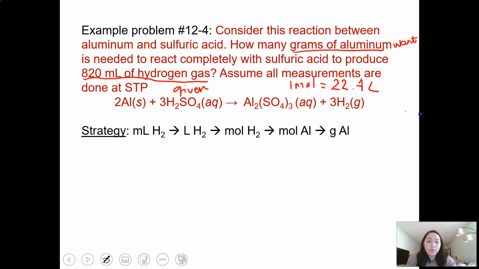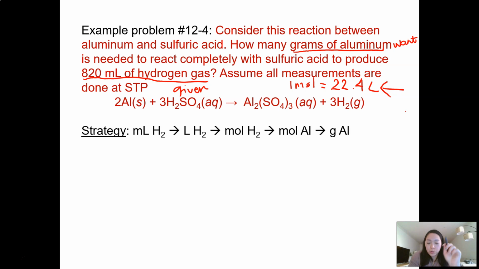Now, if you don't have your volume in liter, that could be a problem. Your calculation might be off. So our first step is to convert the milliliter to liter so we can use this conversion factor to our favor.